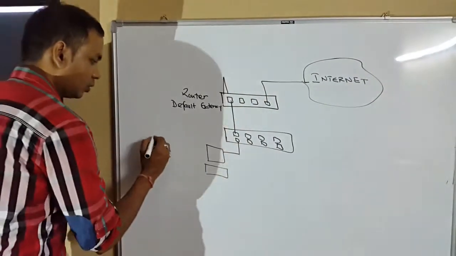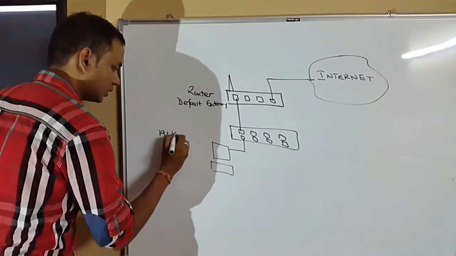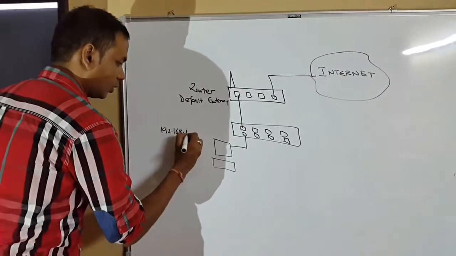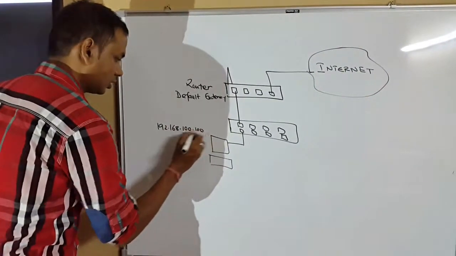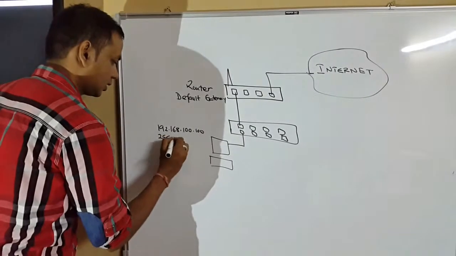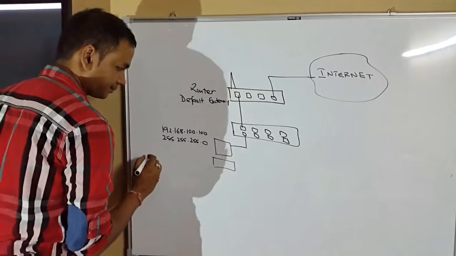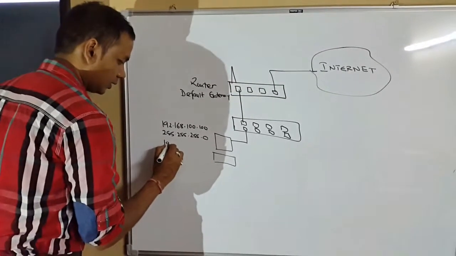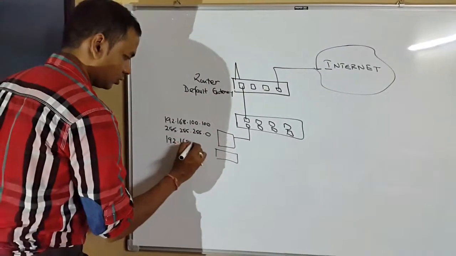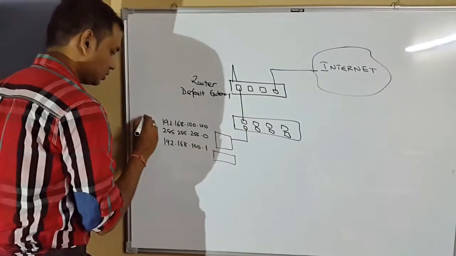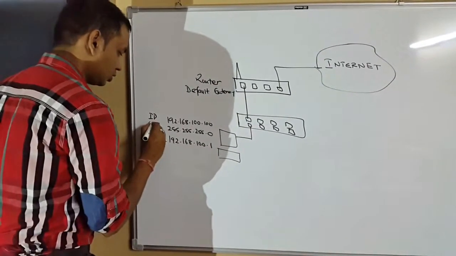On your PC, for example, you have this IP address 192.168.100.100. Subnet mask 255.255.255.0. And default gateway 192.168.100.1. That's your IP. That's your subnet mask.